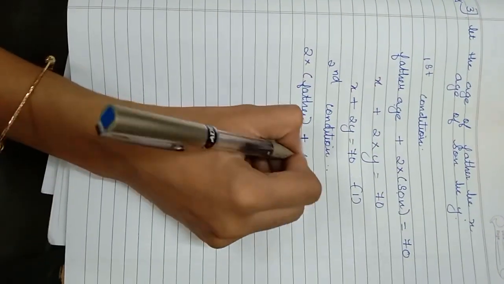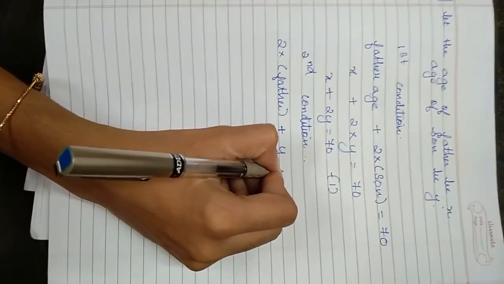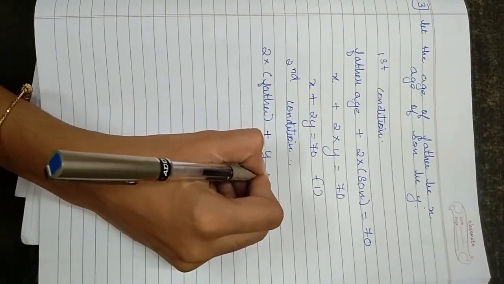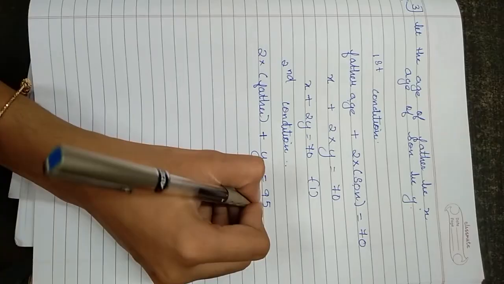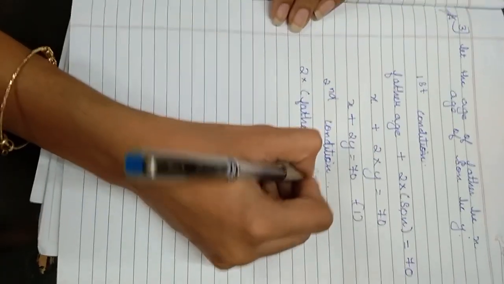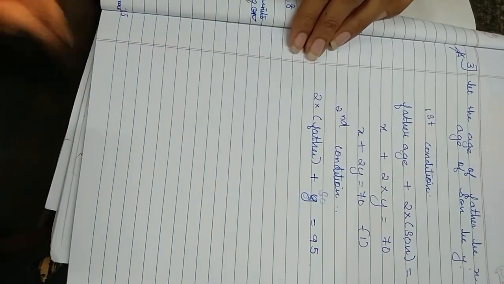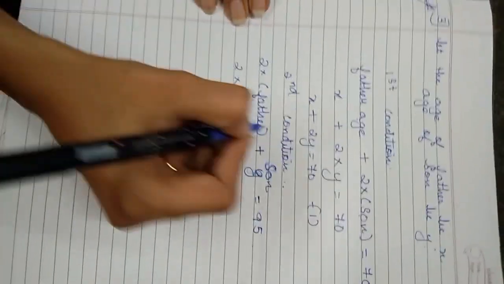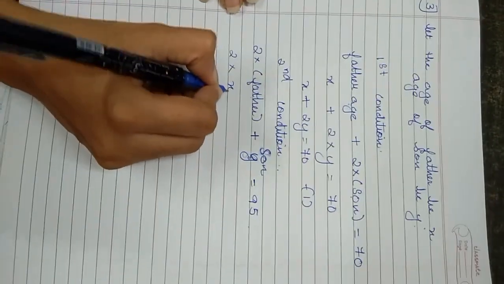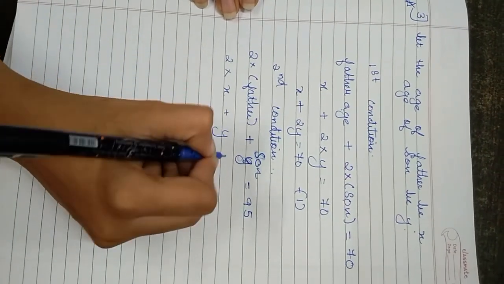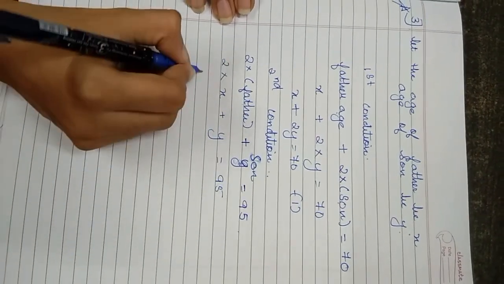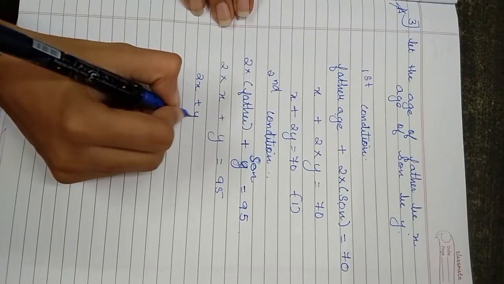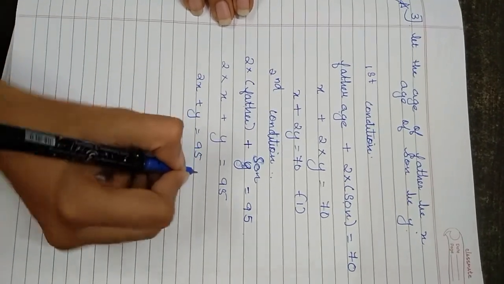Son's age is Y. The sum is 95. That is 2 into, instead of father substitute X, son is Y, which is equal to 95. 2x plus y is equal to 95. This is equation 2.